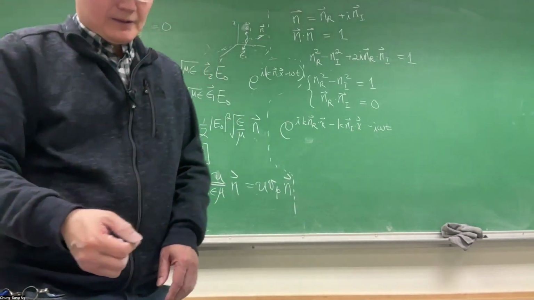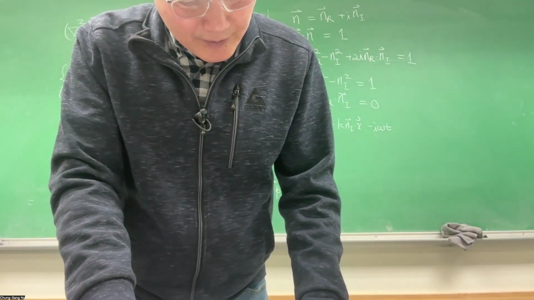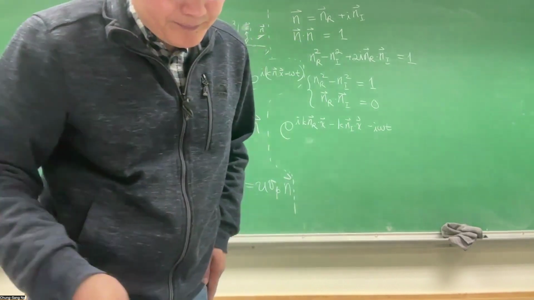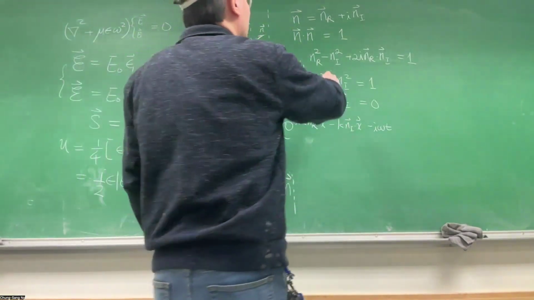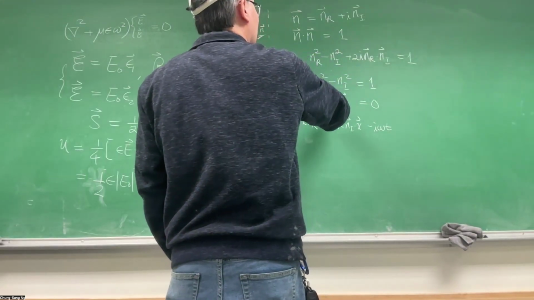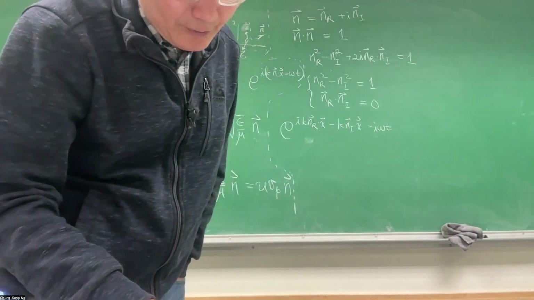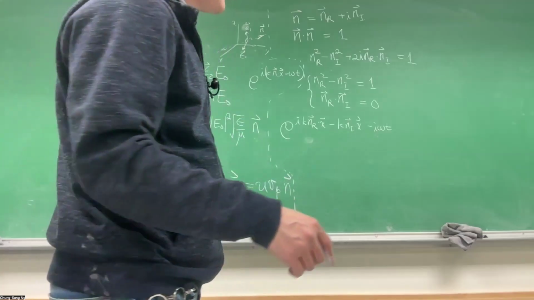Okay, so that is this, and one way to satisfy these two relationships is you define the unit vectors epsilon 1 and epsilon 2, just use E1 and E2.